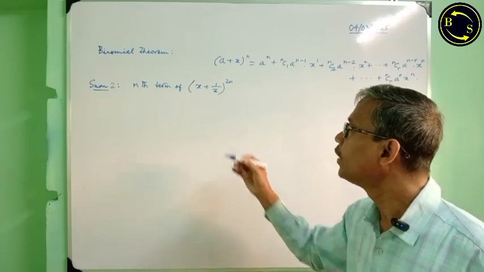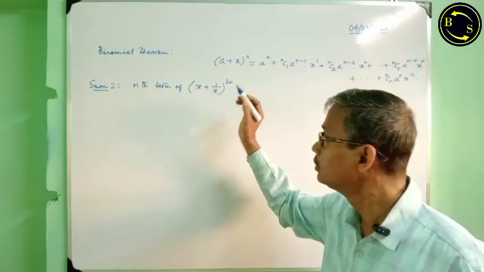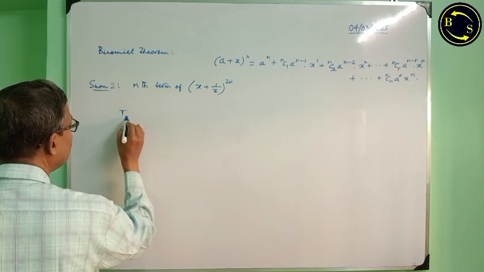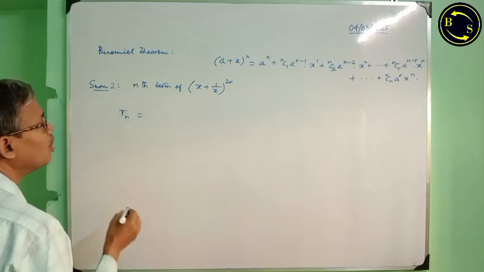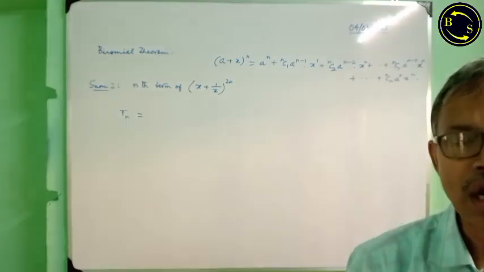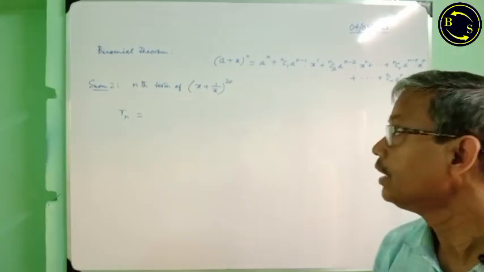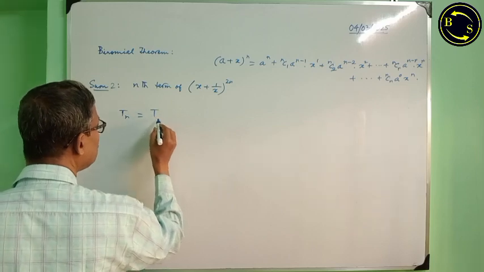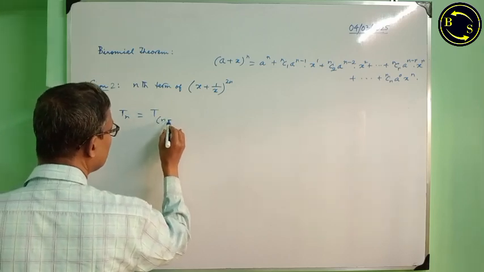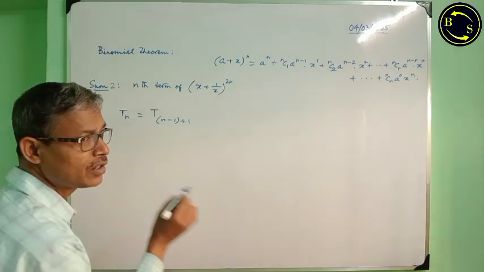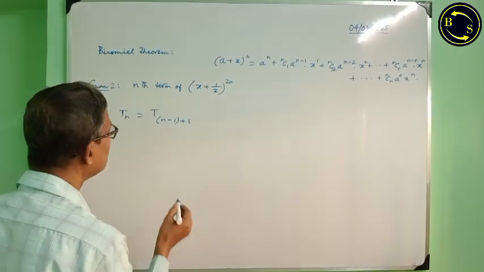Next sum, to find the nth term of this one. Tn. Now, we have to use the form of T r plus 1. That is why n is to be written as T n minus 1 plus 1 form. That is r plus 1th form.